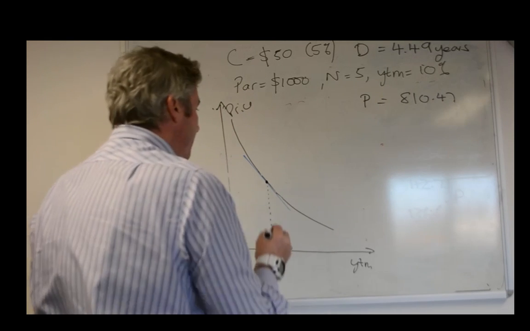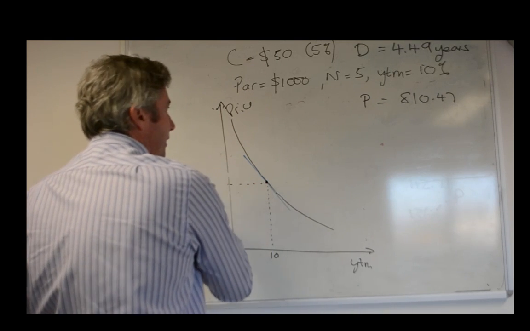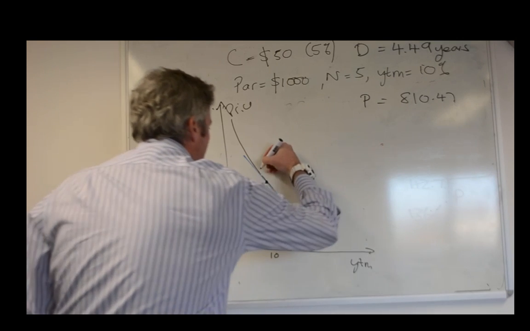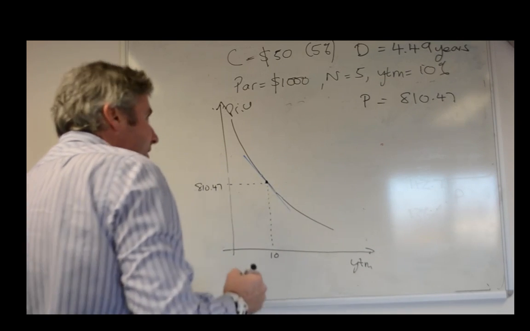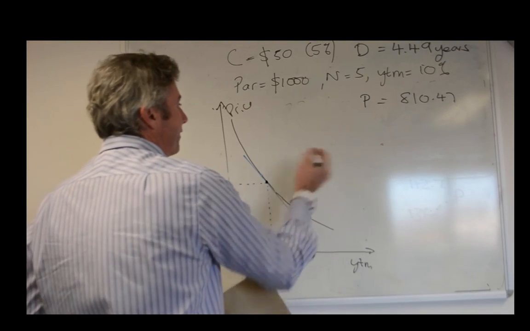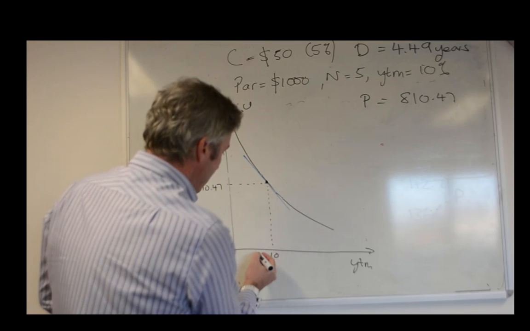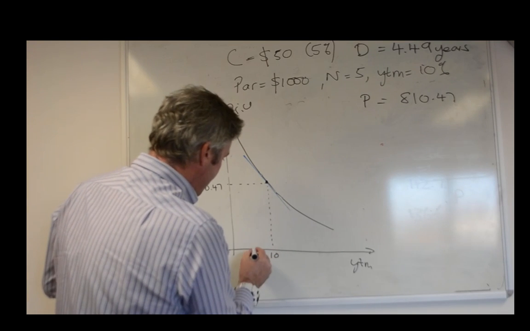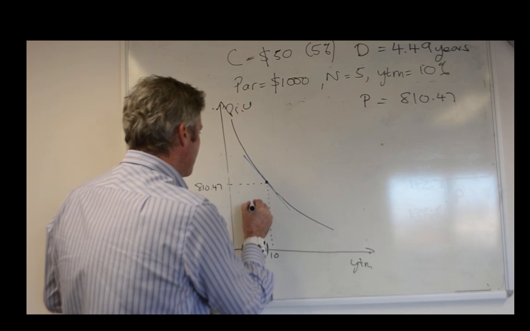So at 10%, we have found the price to be 810.47. And if I just overemphasize, now we're going to consider a new interest rate of 9%. So what would happen if the interest rate goes to 9%? Well, if it goes to 9%, then you can see that the price is going to rise.